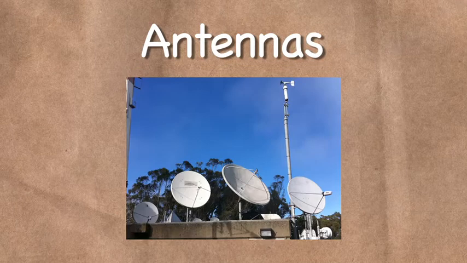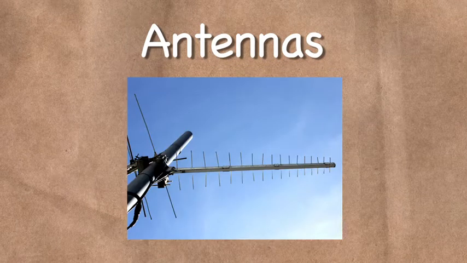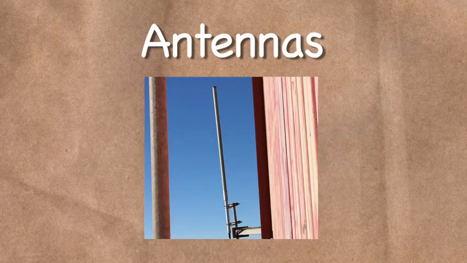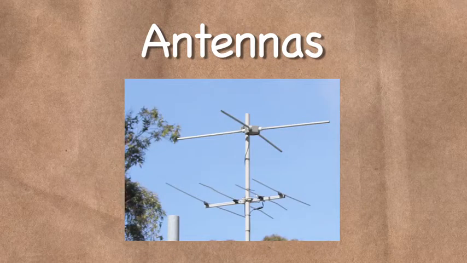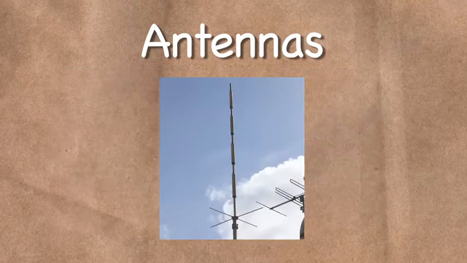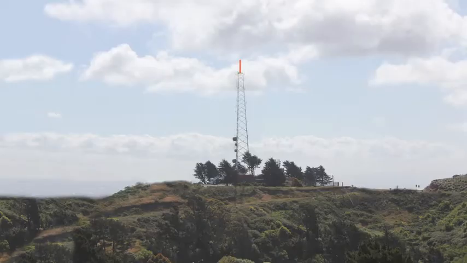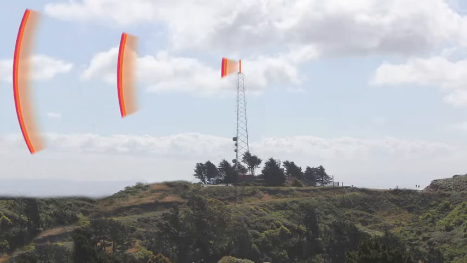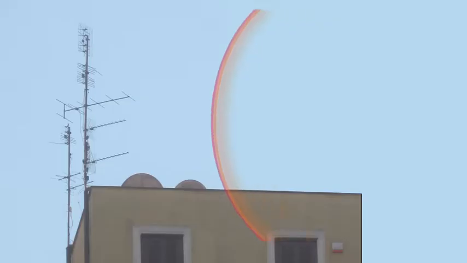There are many different designs for antennas, from a simple wire hung between two trees to a broadcast antenna that weighs several tons and costs $250,000. Some are as tall as towers, and others fit inside your cell phone. Their shape and size all depend on the wavelength used and the purpose of the antenna.